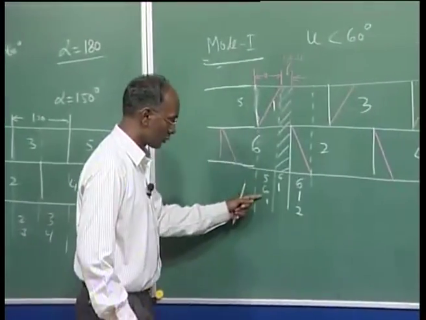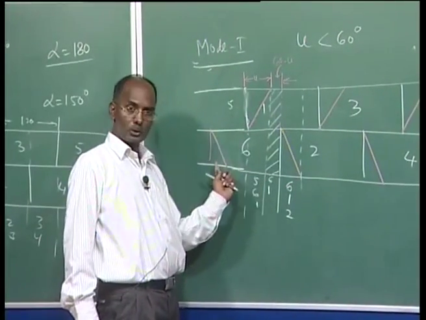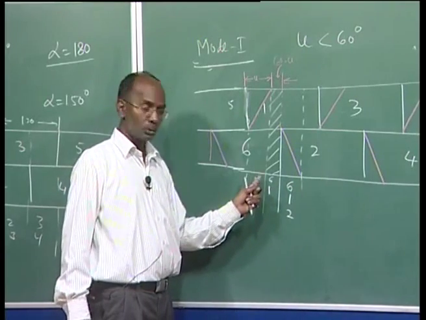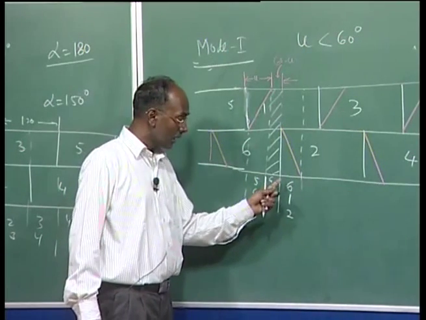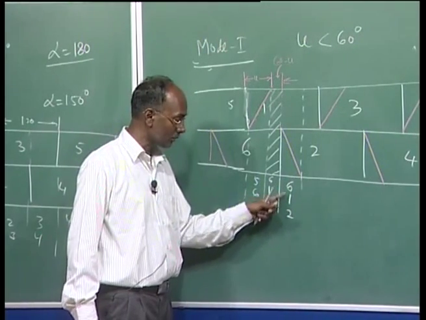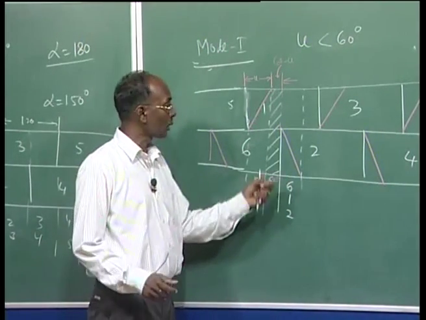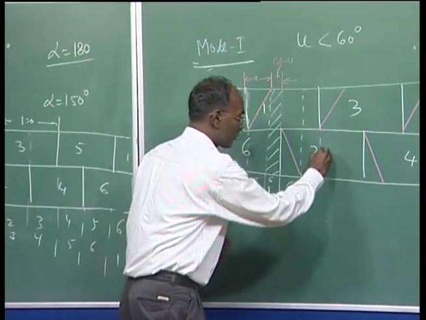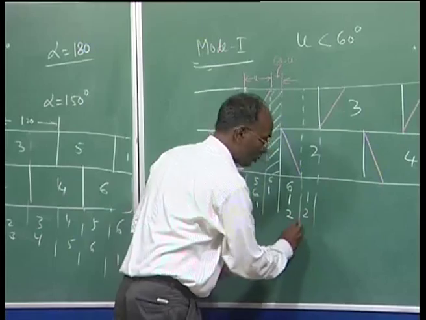Here 5 6 1 goes off, because 1 takes over completely; commutation is over between 1 and 5. So 6 1 is conducting. Now again we give the pulse to 2. This commutation between 6 and 2 takes place for u degrees, and then 6 will go off, and finally 1 and 2 are conducting.